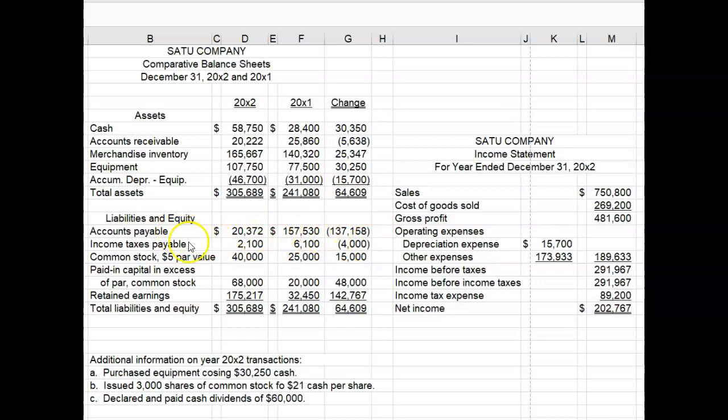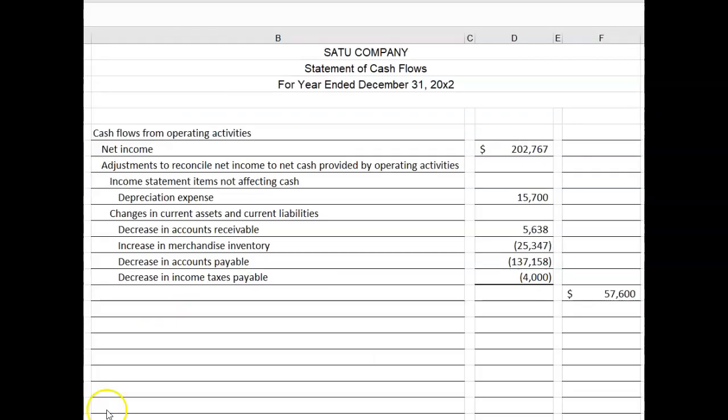Because changes in current liabilities have the same effect on net income. So decrease in accounts payable, $137,158, and decrease in income taxes payable, $4,000. And that should be the end of the cash flows from operating activities section.